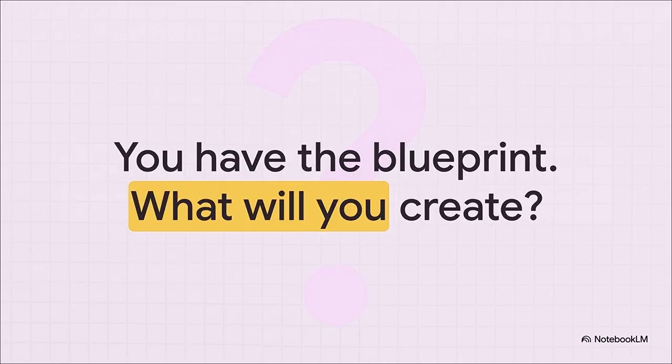So there you have it. From understanding where the web came from, to being a good digital citizen, to designing your very own blueprint, it has never ever been easier to get started. You now have the fundamental plan right in your hands. The only question left is, what will you create?